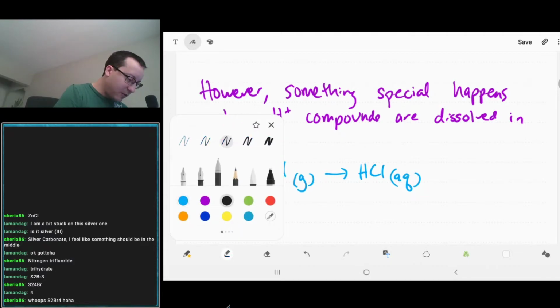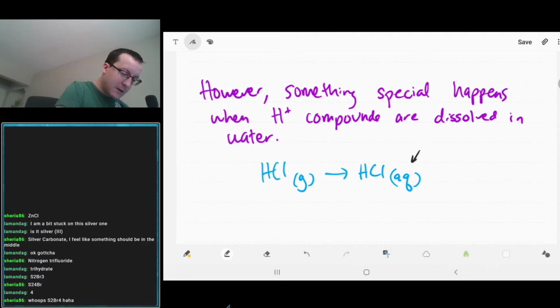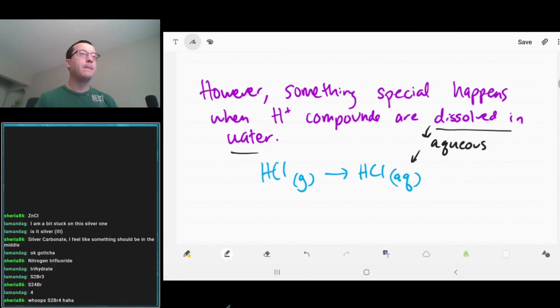So this AQ that I've written here stands for aqueous, and that means dissolved in water. Of course, you might see things written solid, liquid, or gas. Those letters just mean what you think they mean, but this AQ means it's dissolved in water.